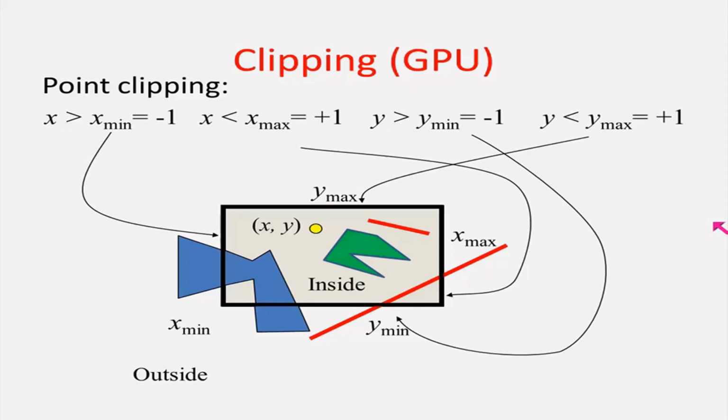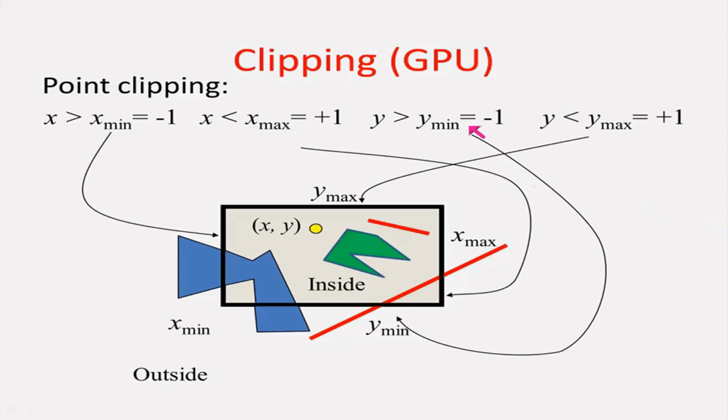Therefore, for a point to survive, its x and y coordinates must be between -1 and +1. To be general, we denote the limits by x minimum, x maximum, y minimum, and y maximum. A point is preserved by clipping if it satisfies these four inequalities.